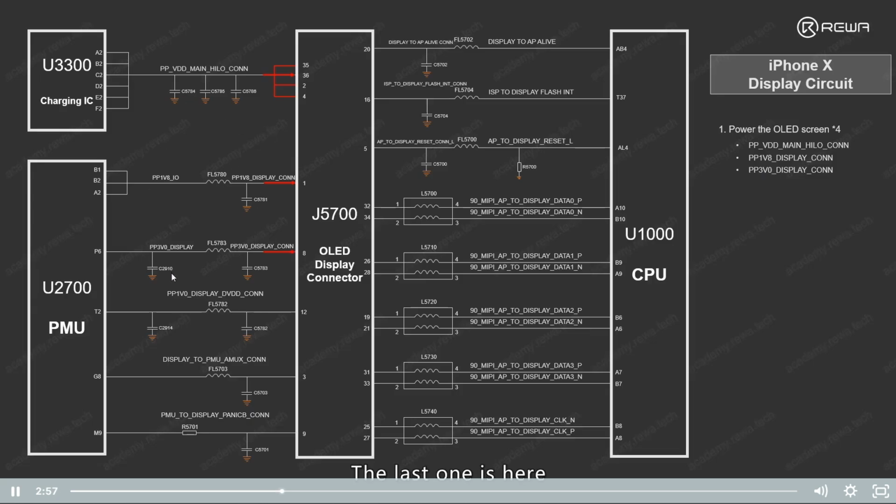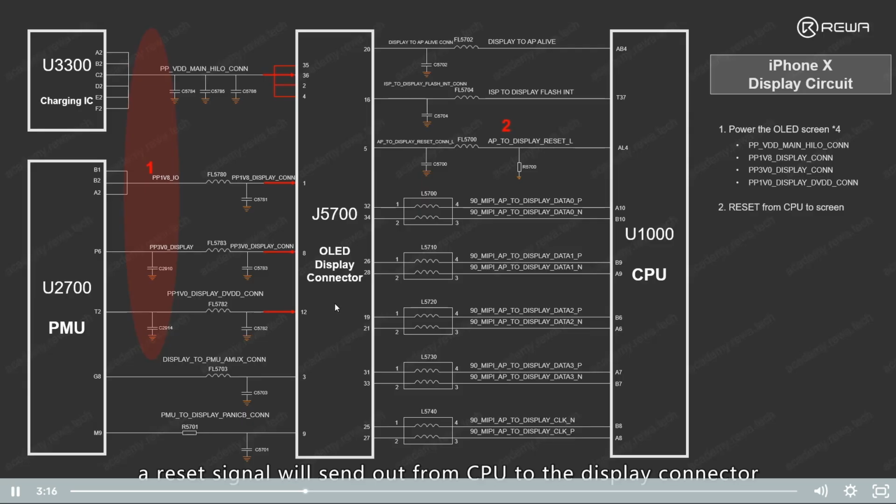The last one is here. Normally the power will start with PP. So the last power is PP1V sent out from the PMU to the display connector. So till now, the power is fulfilled.